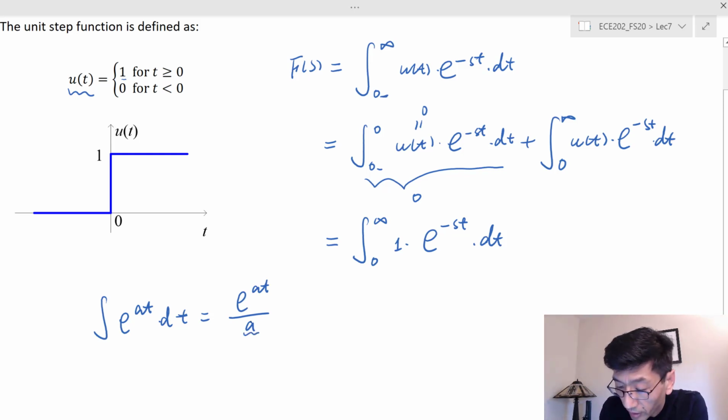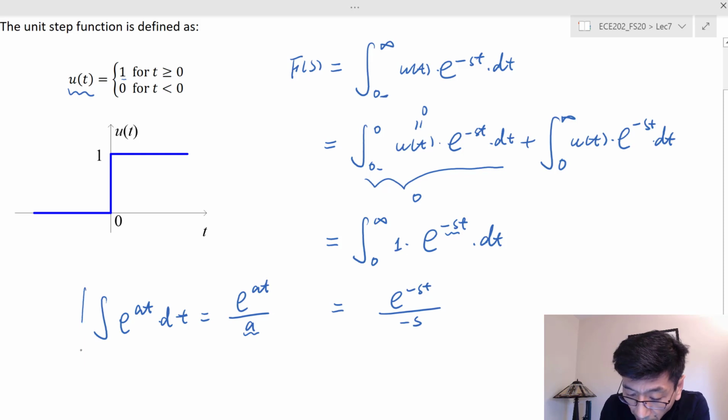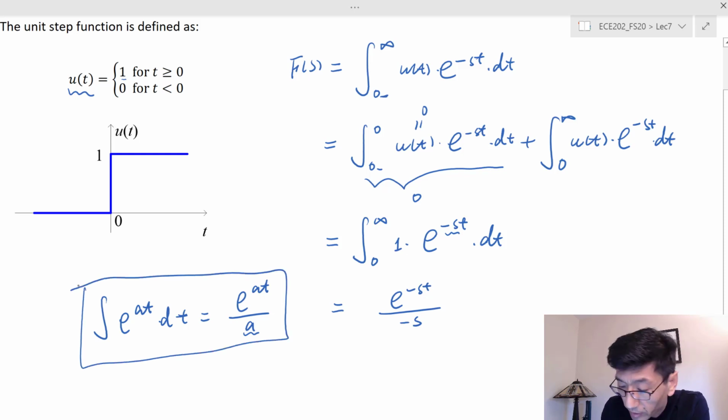The coefficient in the exponent, a here, would be negative s. So therefore, I get e^(-st) over negative s, and I evaluate this from t equal 0 to infinity.